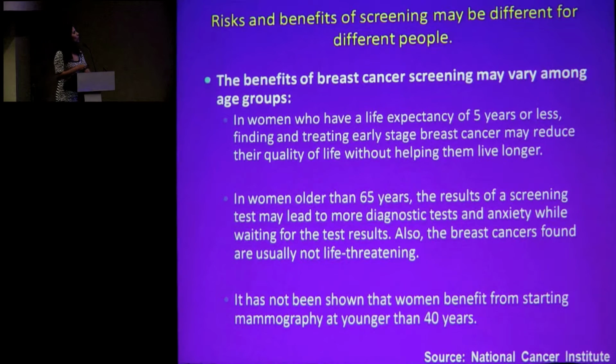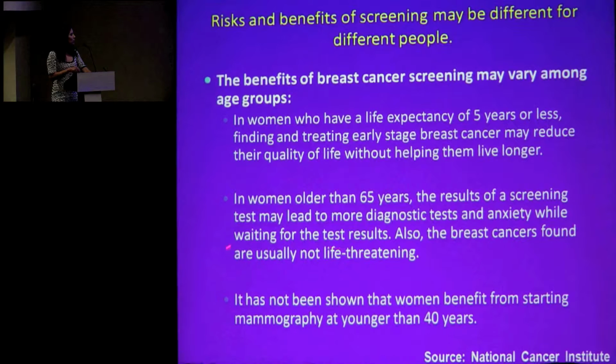It is also important to highlight that the risks and benefits of screening may be different for different people. For example, the benefits of breast cancer screening may vary among age groups. In women who have a life expectancy of 5 years or less, finding and treating early-stage breast cancer may reduce their quality of life without helping them live longer. So what will be the use of screening that kind of person? In women older than 65 years, the results of a screening test may lead to more diagnostic tests and anxiety while waiting for the test results.